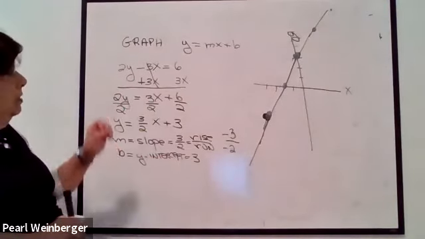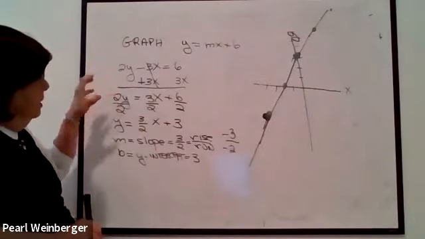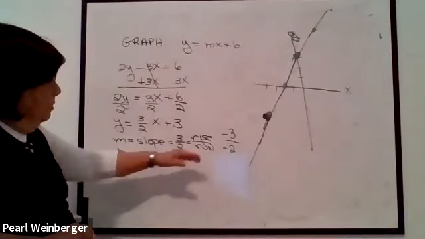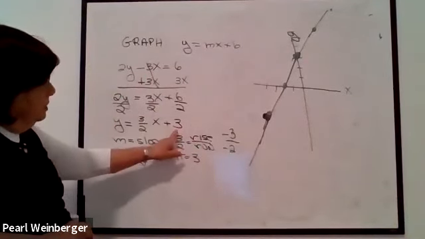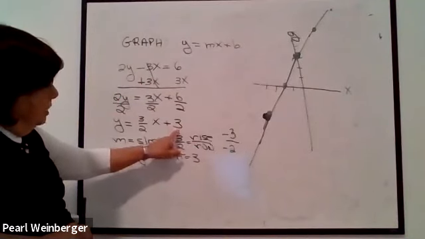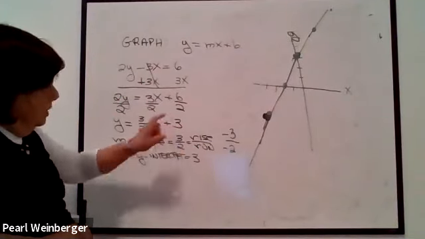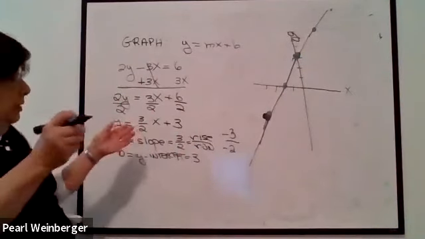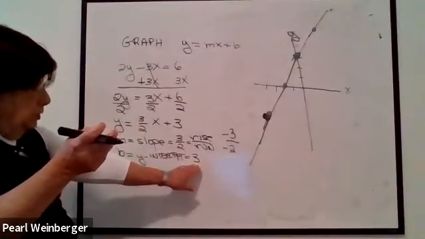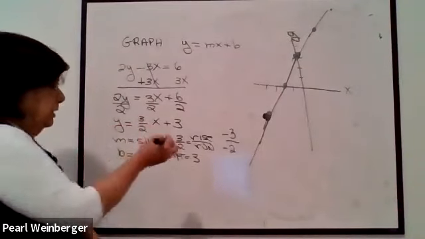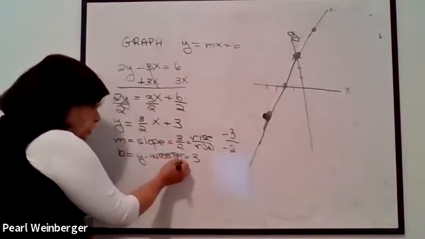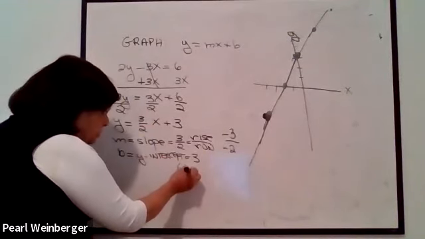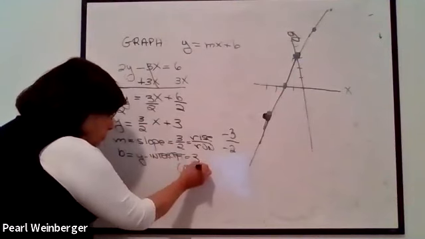And we said the way we can find the y-intercept is if we put it in the y equals mx plus b form, the number that stands alone will give us the y-intercept. Mind you, I'm going to tell you that the y-intercept is 3, but actually the y-intercept is a point. So the true way of saying that is that it's the point (0, 3).